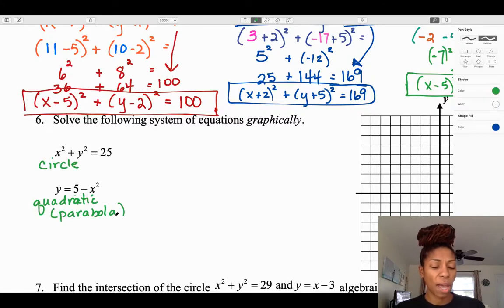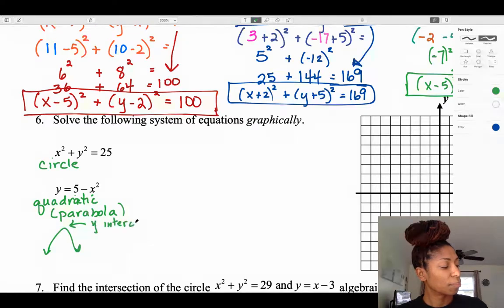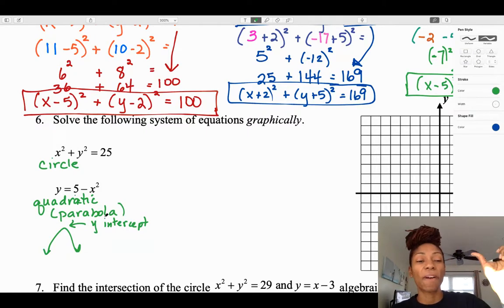And then I'm going to press graph. Get an idea of what this looks like. It's an upside down parabola, just like I thought. Because the coefficient of x squared is negative, I knew we would have an upside down parabola. Because the constant is positive 5, I knew that that's my y-intercept. And that means this parabola has been shifted up 5 units, and the negative coefficient of x squared means it has been reflected downwards.